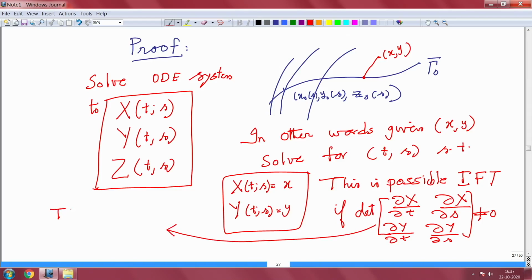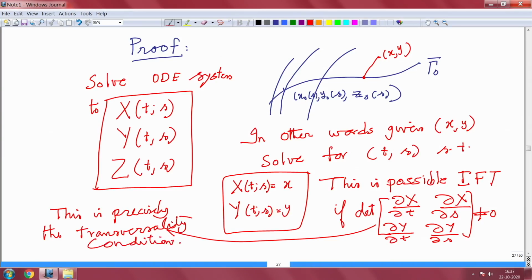This is precisely the transversality condition. Okay.